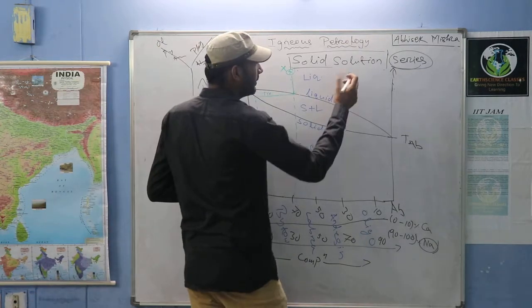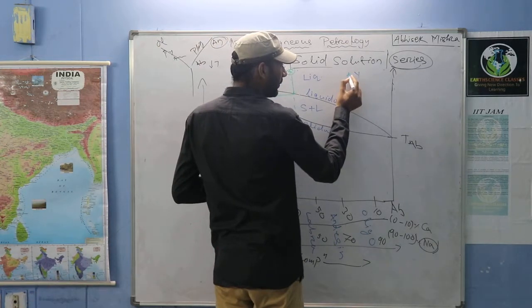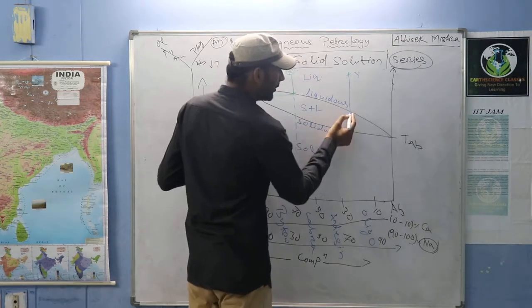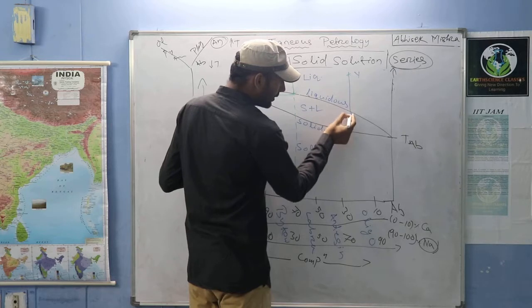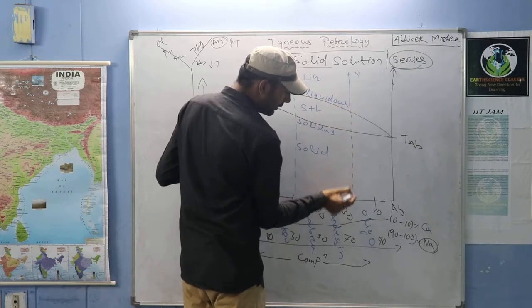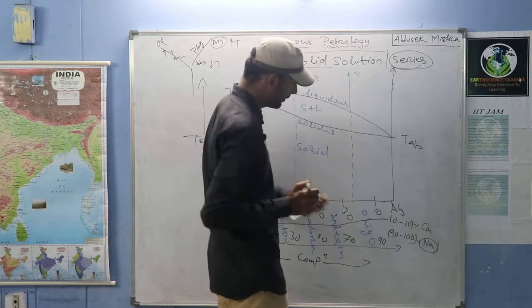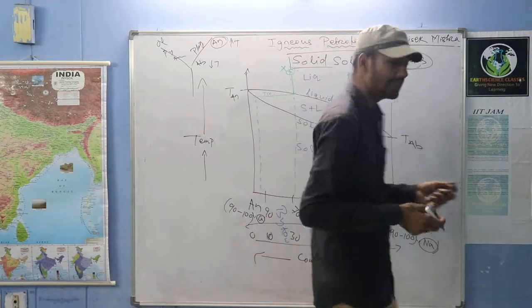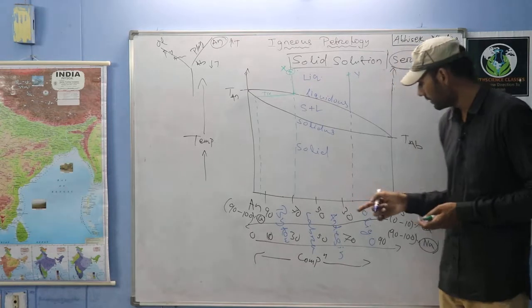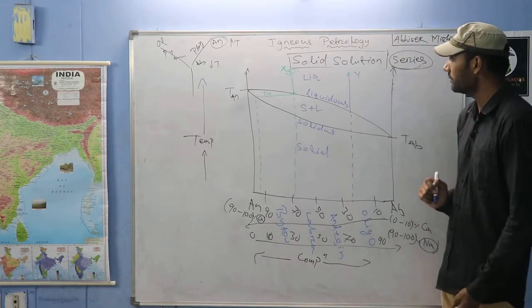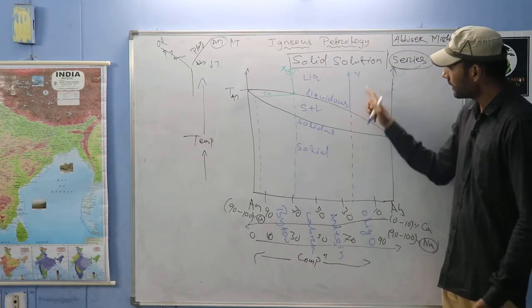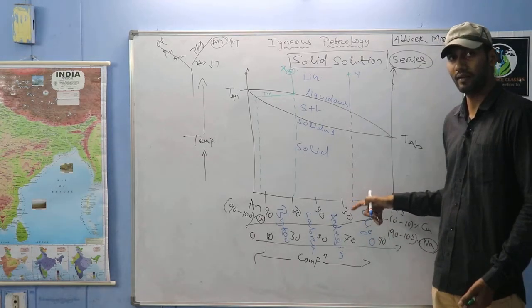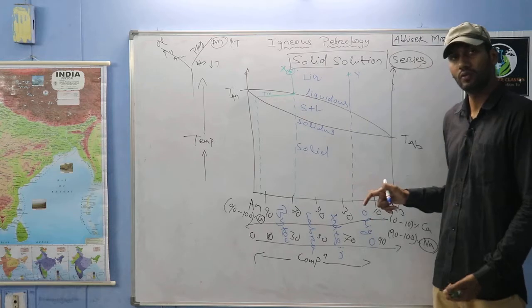Let's say I take a composition here, Y. What will happen when it touches the liquidus? It will not crystallize the same. Let's say the composition is sodium 65 and calcium 25. But at first it will not form a sodium rich mineral.